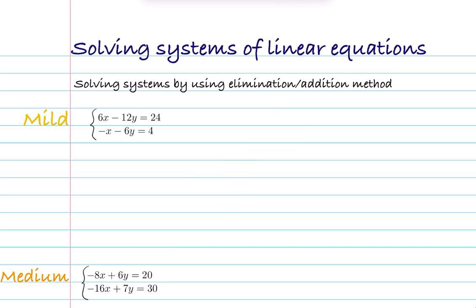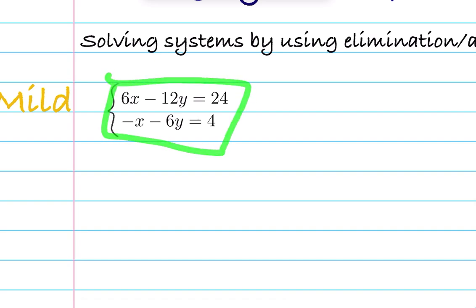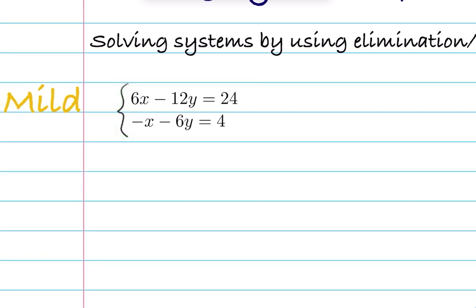When you are doing the elimination or addition method, what we want to do is add the two equations together and get rid of one of the variables. Hence the addition method, we're adding the two equations together, and elimination, you are eliminating a variable.